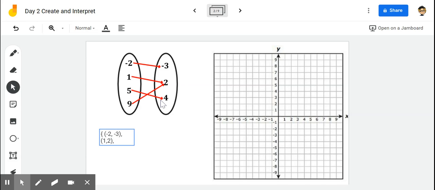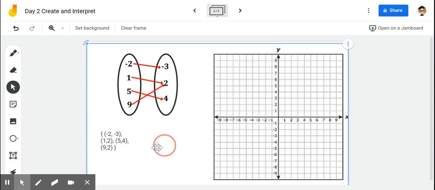Next point is 5 to 4. 5 is my x coordinate and 4 is my y. And last one there is 9 to 2. Oops, sorry, my 4 key is busted. 9 is my x coordinate and 2 is my y coordinate. These are my points.